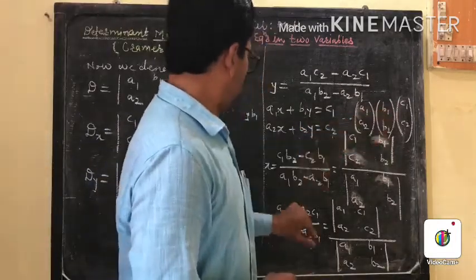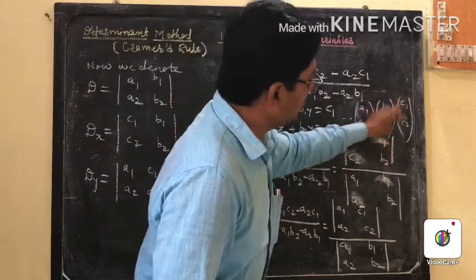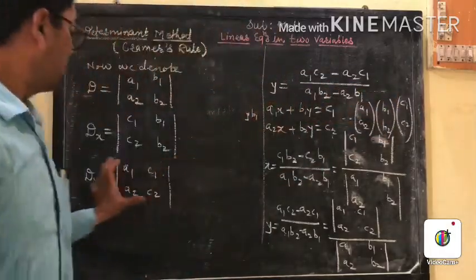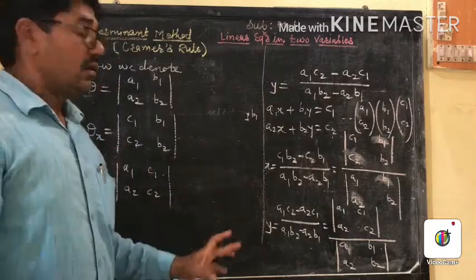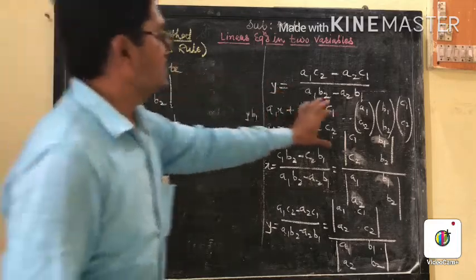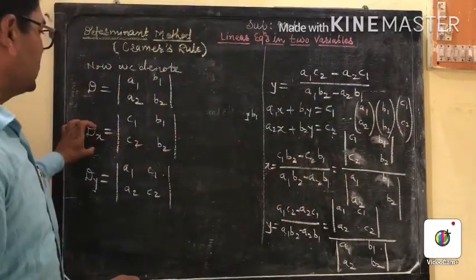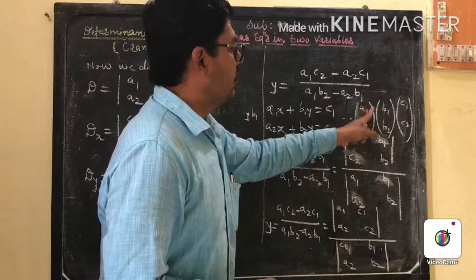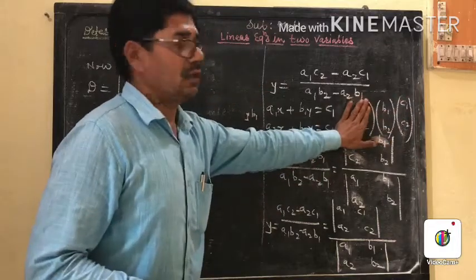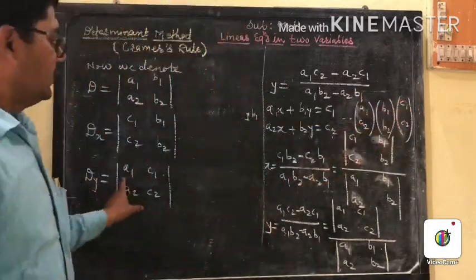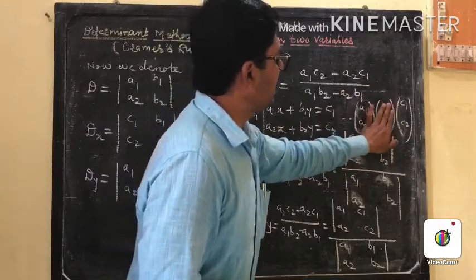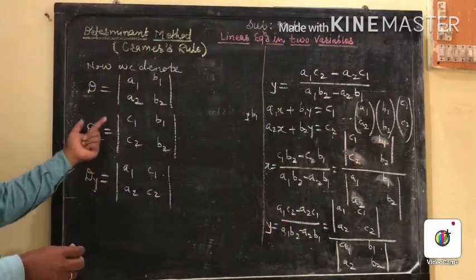Only two columns are in the determinant. It is very simple how to write D, Dx and Dy. D has only two columns. For Dx, replace a1 a2 by c1 c2. For Dy, b1 b2 is replaced by c1 c2. Then find out the values of D, Dx and Dy.